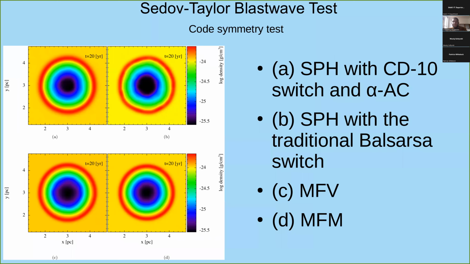So here are the cross-sectional plots of density. This is because you are modeling these things in 3D, so I'm taking a cross-section slice at the center of my 3D box. The explosion happens in the center of the 3-dimensional box, and then I let it evolve for 20 years.